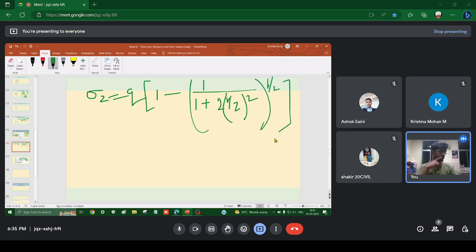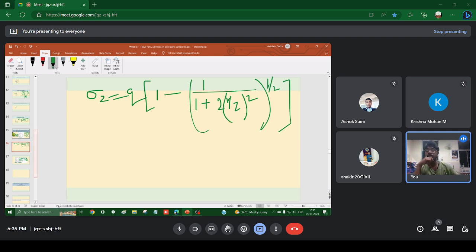If you put eta equals root over of 1 by 2, you get this formula.